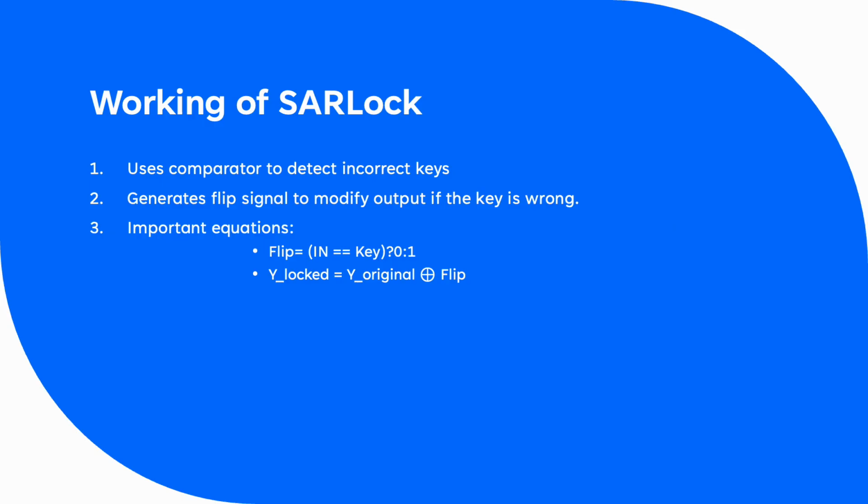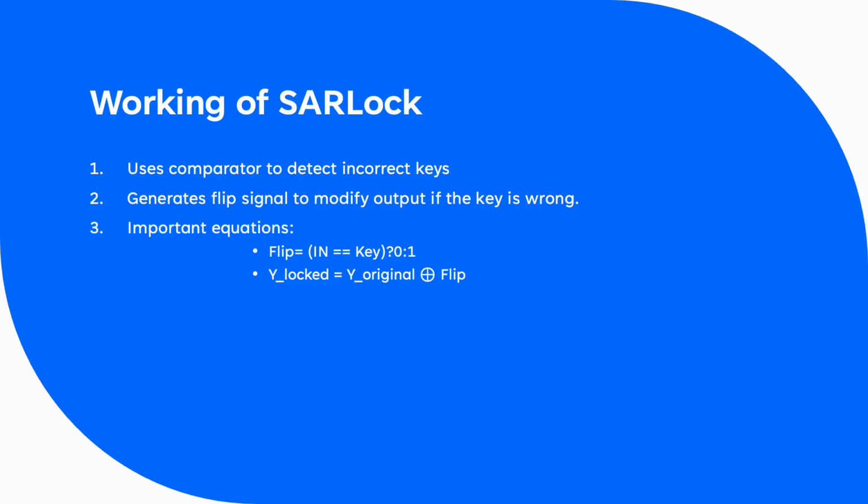Let's dive deeper into how SARLock works. SARLock uses a comparator to detect incorrect keys. When the key is wrong, it generates a flip signal that modifies the output. The key equations here are: flip equals, if the input equals the key, then it gives us 0, and if it is false, then the output is 1, which means the flip signal is 0.